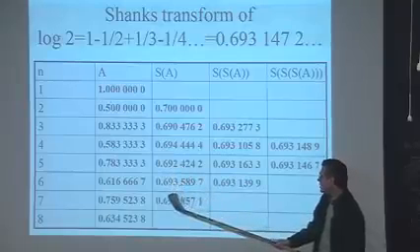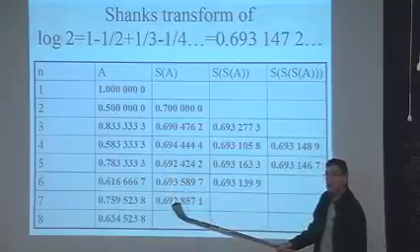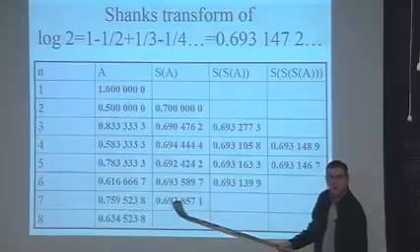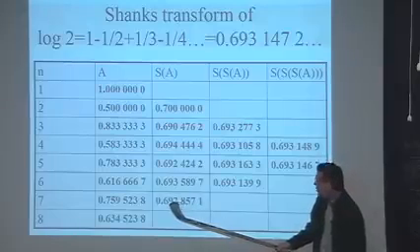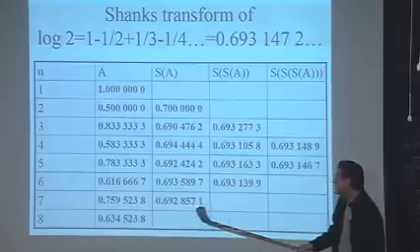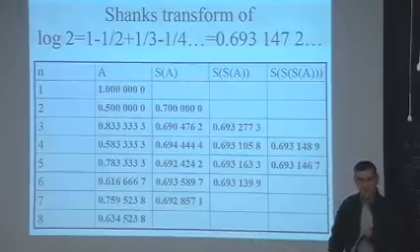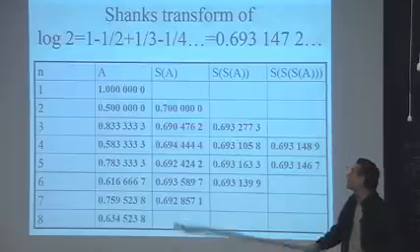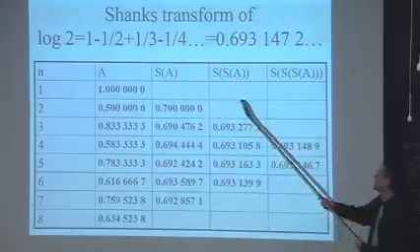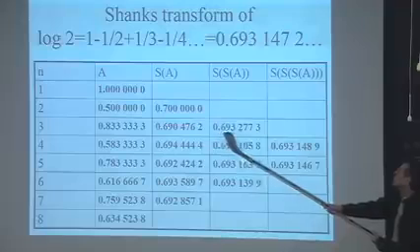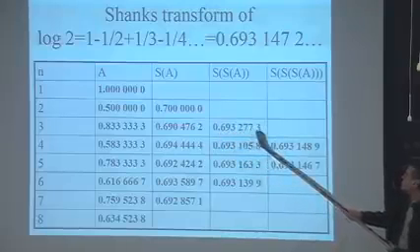Here it is, 0.693, 693. So by the time you use just 7 terms in the series, you have already gotten it correct to 1 part in 1,000. On the other hand, if you take a second Shanks, it goes 0.693277. Look at that.